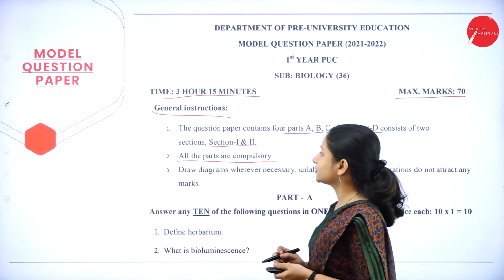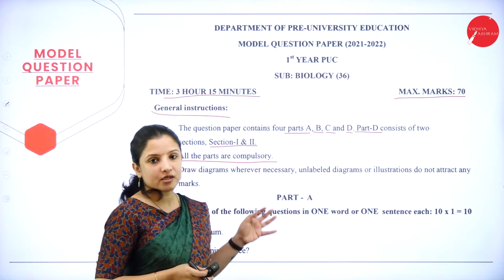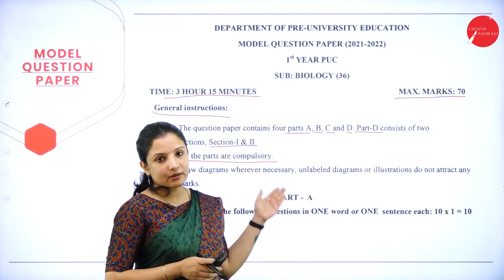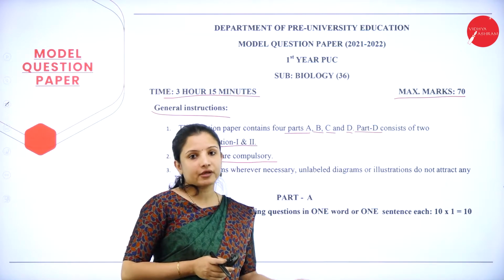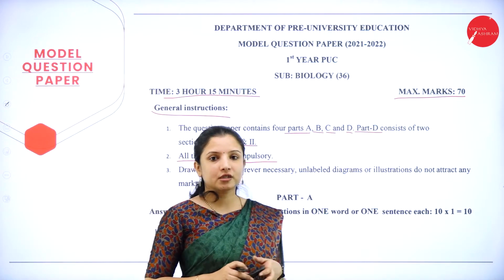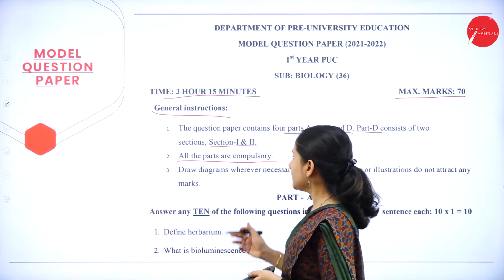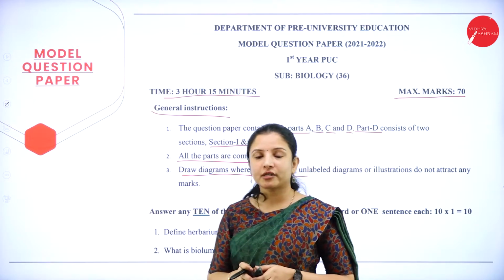Here all the parts are compulsory. They have mentioned that attempting all the parts is compulsory. If you need to score well, you need to attempt all the parts. Next, moving on to the third instruction, draw diagrams wherever necessary. That is important.